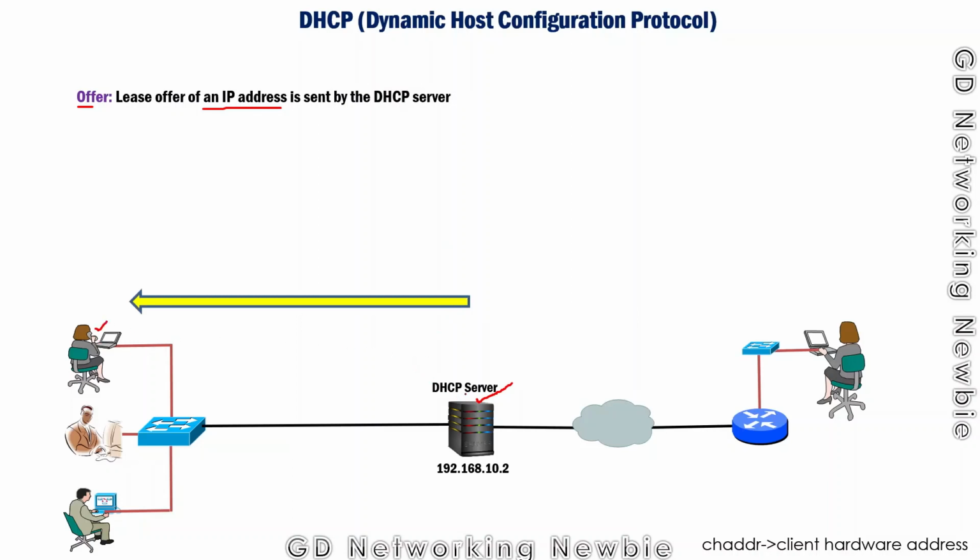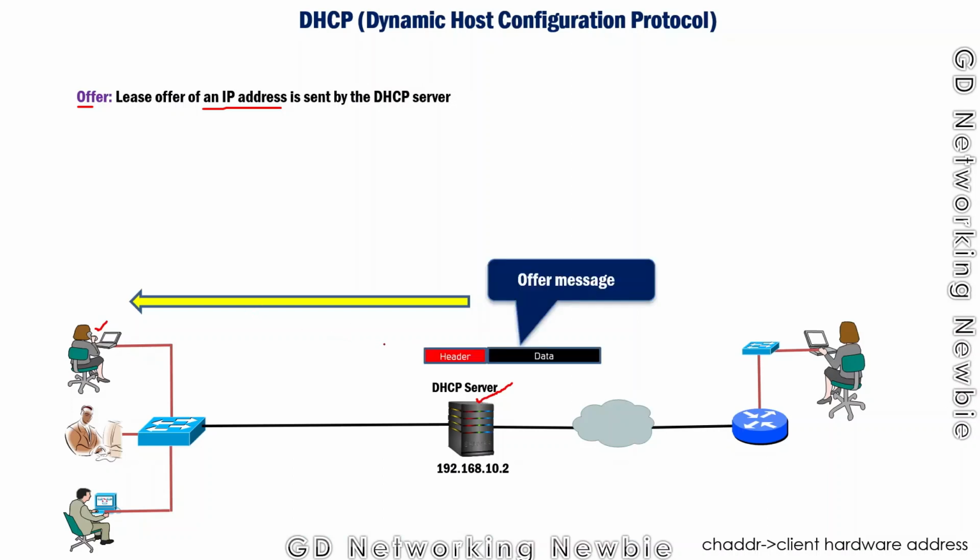Again, this will be sent in a packet, and in the header part we need the source and destination IP address. For the source, the DHCP server itself is the source, so that is the DHCP server address. But for the destination, this client still does not have any IP address. So in the destination IP address, again the server will use the broadcast address.